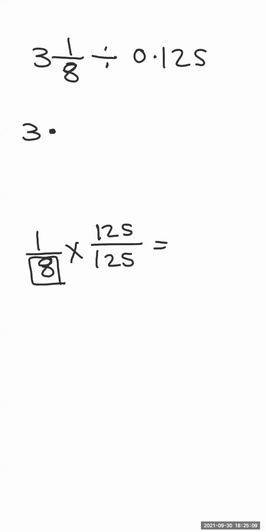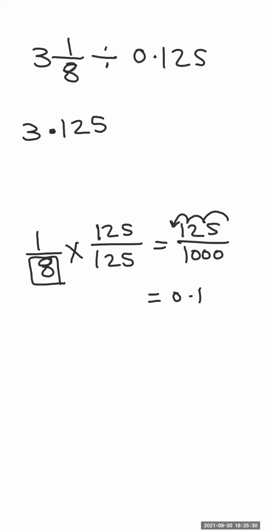So it will equal 125 over 1,000. So now dividing a number by 1,000, the decimal point will move 3 places to the left. 1, 2, 3. So this means 3.125.